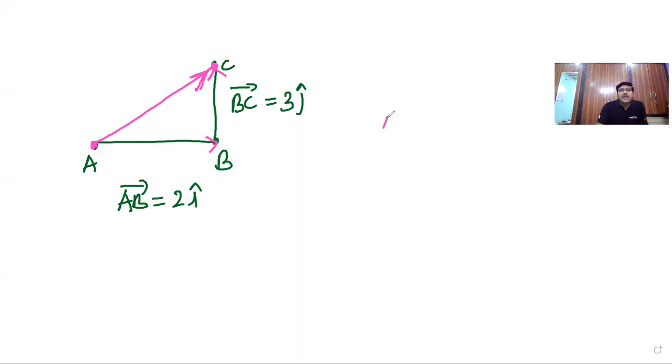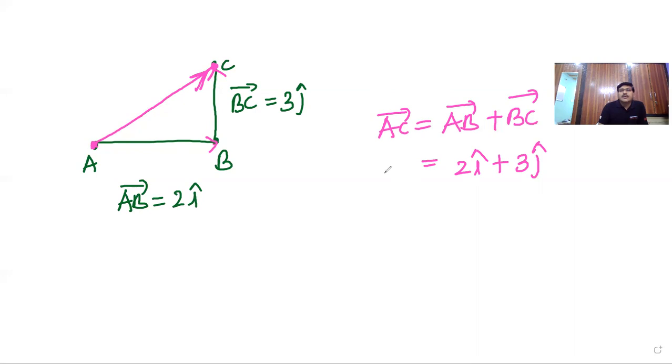Clear? So AC bar is AB bar plus BC bar. So the vector is written as 2I cap plus 3J cap. Clear? That is AC bar. This AC is nothing but the line joining initial to final, AC bar.